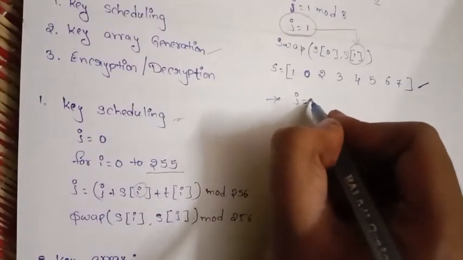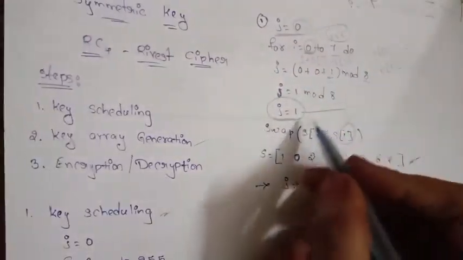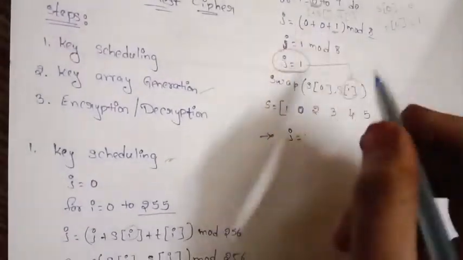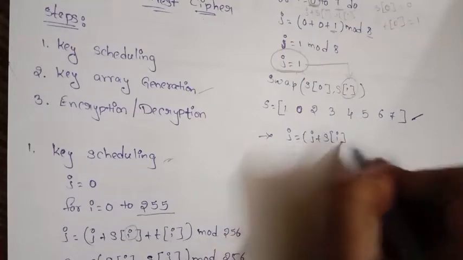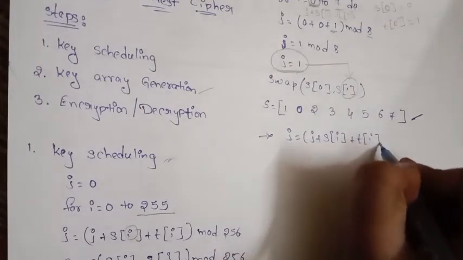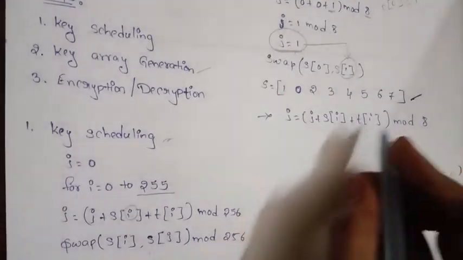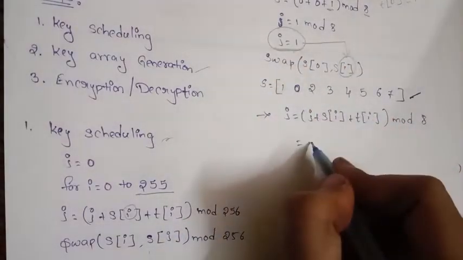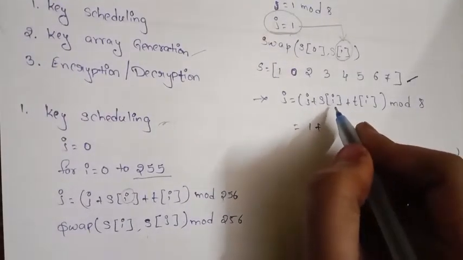J is equal to, again, initially I just took j equal to 0, but now it is updated. Just take that value. I am just implementing the formula S of I plus T of I mod 8. Now the j value here is 1. 1 plus S of, what's the value of I, guys?